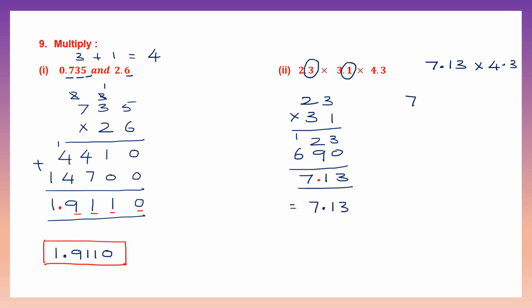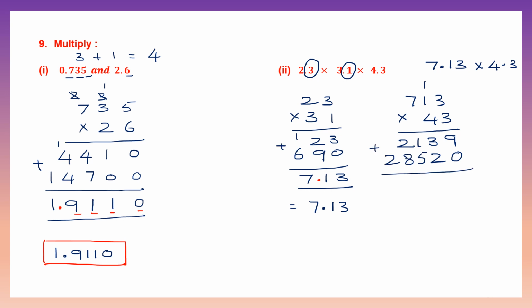Ignore the point, 713. Ignore the point again, 43. Now let's multiply. 3 3s are 9, 3 1s are 3, 3 7s are 21. Second step, 4 3s are 12, carry 1, 4 1s are 4 plus 1, 5, 4 7s are 28. Now let's add up this. 9, 3 plus 2 is 5, 1 plus 5 is 6, 2 plus 8 is 10, carry 1, 1 plus 2 is 3.